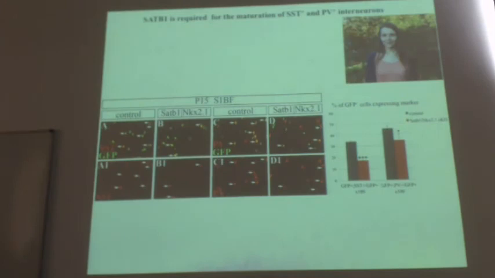These are experiments that have been performed by Melanie Kalaitsidou, a PhD student who was working with me, and she's still in the lab, and she's going to finish these experiments that I'm going to describe to you now. What we see in this conditional mouse, where SAB1 is deleted only from the interneurons, is again a dramatic loss in the number of somatostatin interneurons and a significant loss in the number of parvalbumin interneurons.